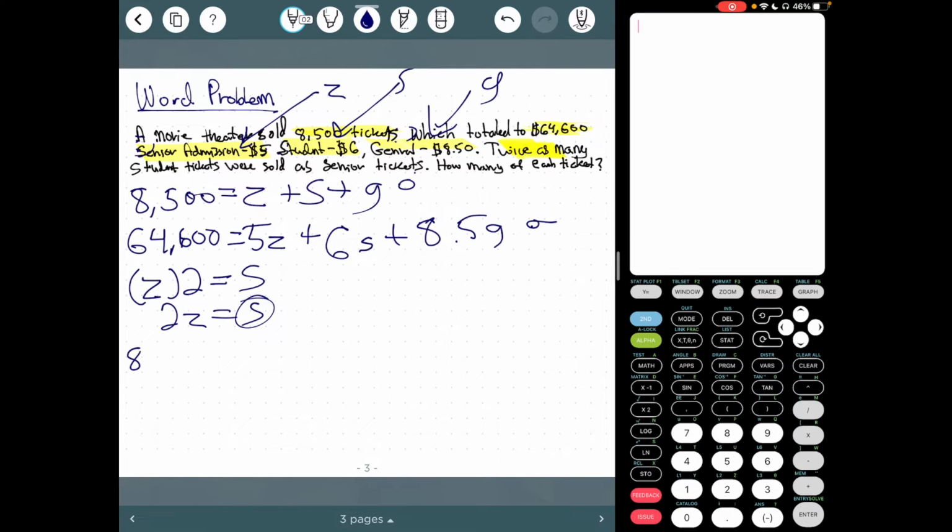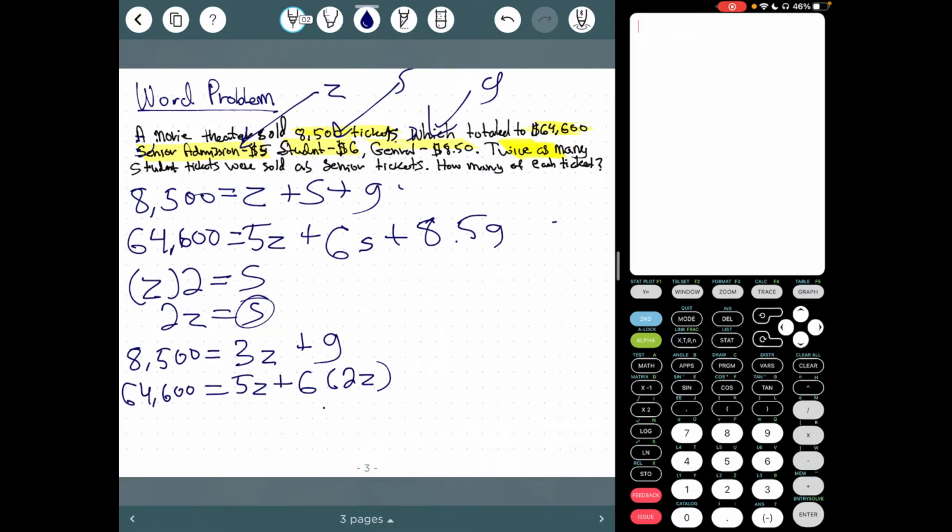So 8,500 equals z plus 2z, which we can just write 3z, plus g. And for the second equation, we have 64,600 equals 5z plus 6 multiplied by 2z.